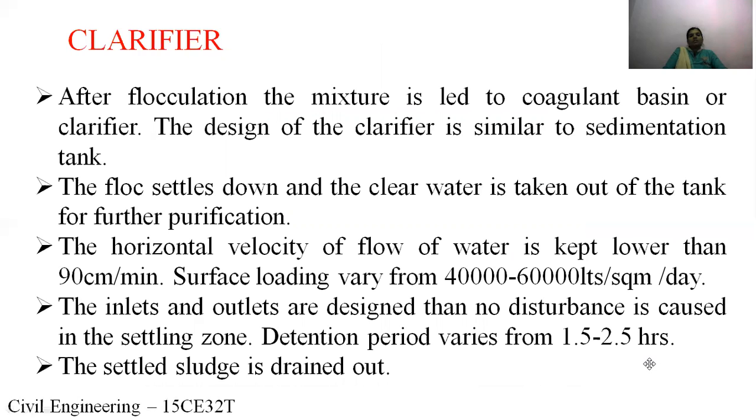After flocculation, the mixture is led to a coagulant basin or a clarifier. The design of a clarifier is similar to the sedimentation tank. Here in this clarifier, the flock settles down and the clear water is taken out of the tank for further purification.